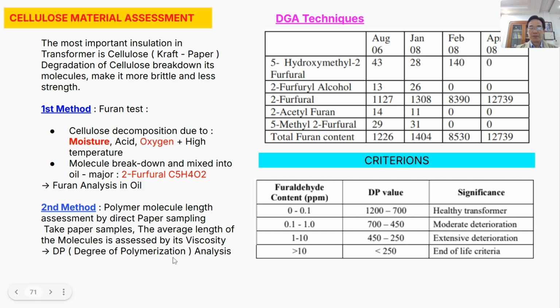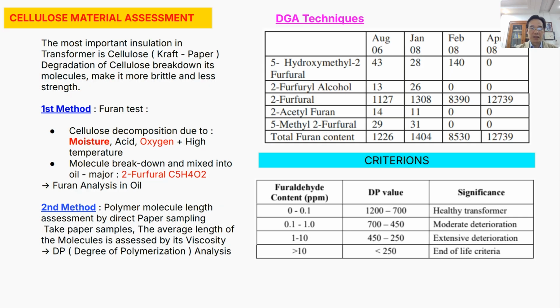So how to get the DP value? To get the DP values, we need to have a real sample of the paper of the insulation. No way, we have to shut down the transformer, open the tank, then take the sample, send it to the lab. Then in the lab, they will dissolve the sample into some special chemical.